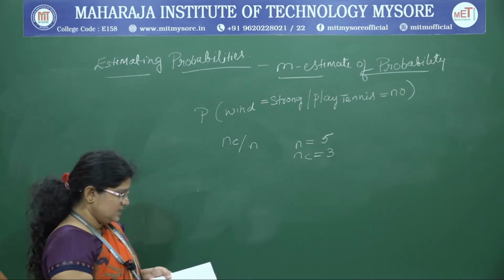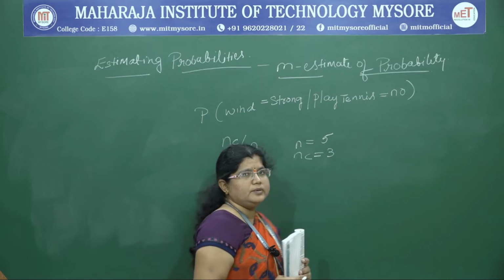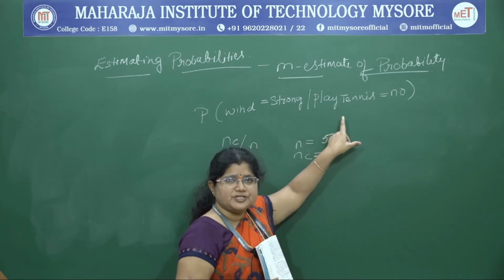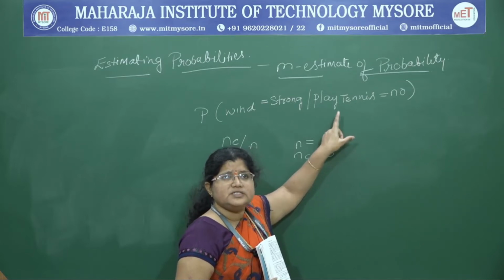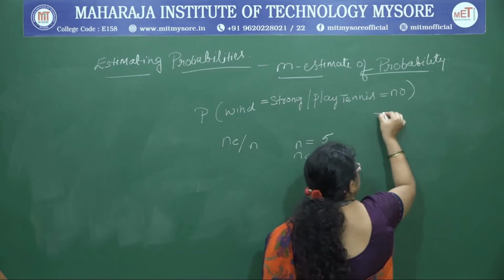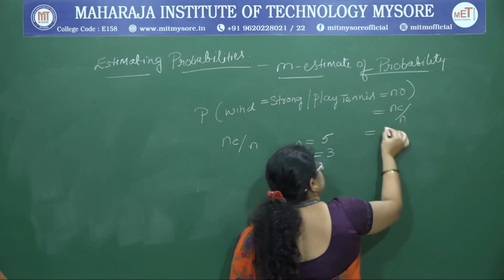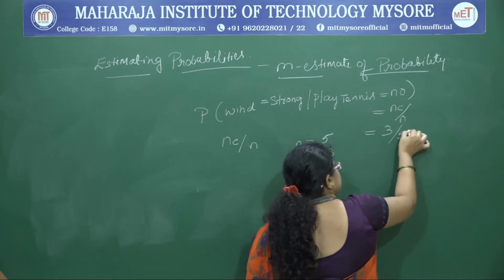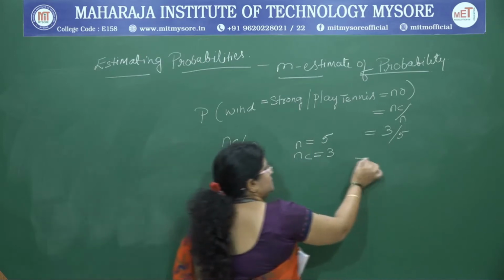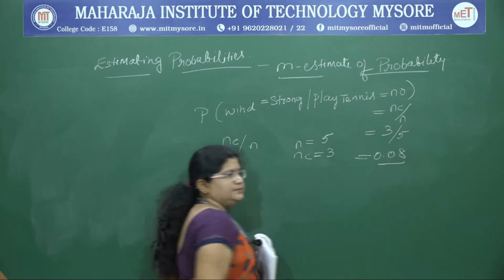So, the probability estimated by the fraction NC divided by N is equal to 3 divided by 5. That gives you a chance of 0.08%.